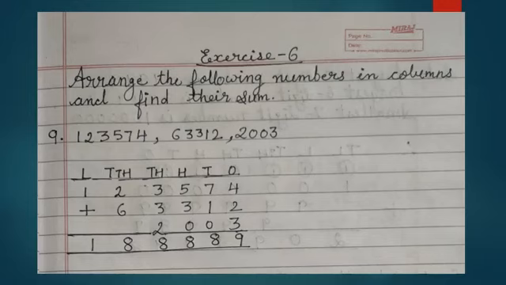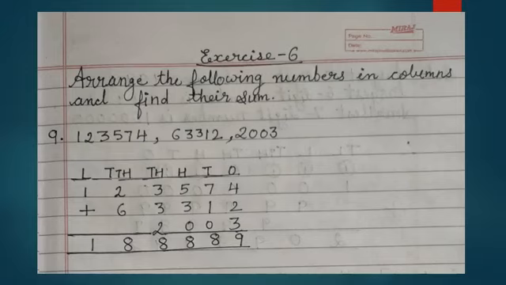So the numbers are 1,23,574, then 63,312 and then 2003. So first we have to arrange them in the place value chart.